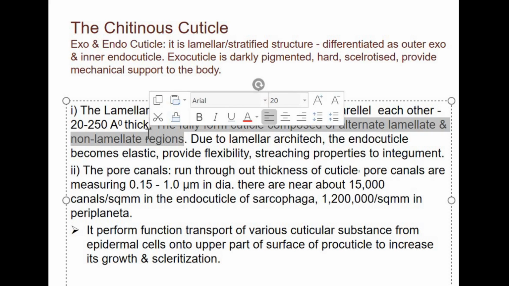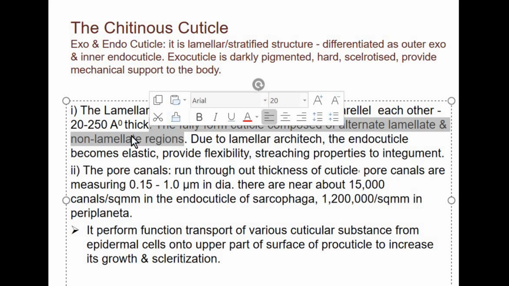Observation on the locust suggests that the lamellar cuticle is produced at night while the non-lamellar cuticle is produced in the day; in the latter, all the microfibrils follow one and the same direction. So the fully formed cuticle is composed of alternate lamellate and non-lamellate regions.